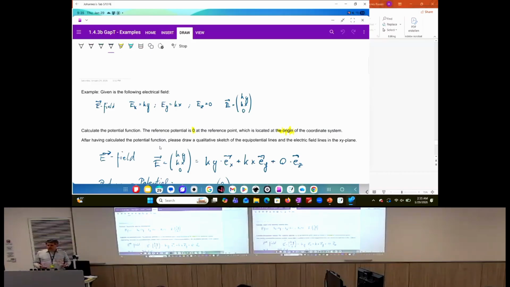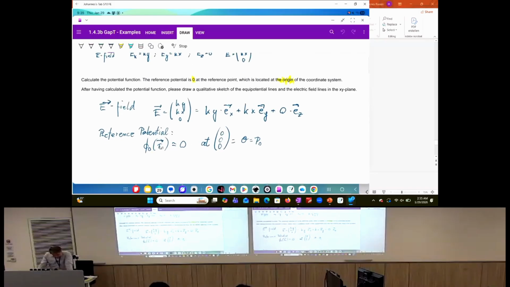And the total electric field can then be obtained by the combined scalar potential and the vector potential. What we are looking at here is only the scalar potential for the electrostatic field.